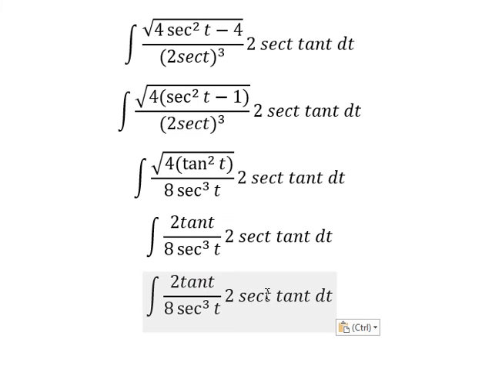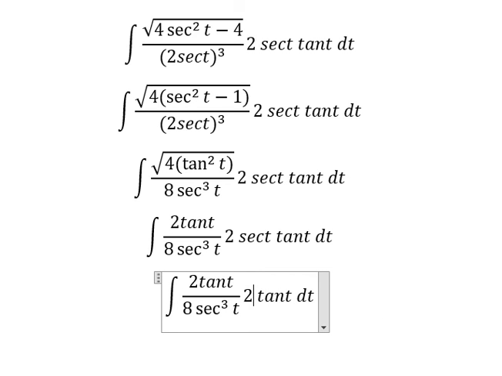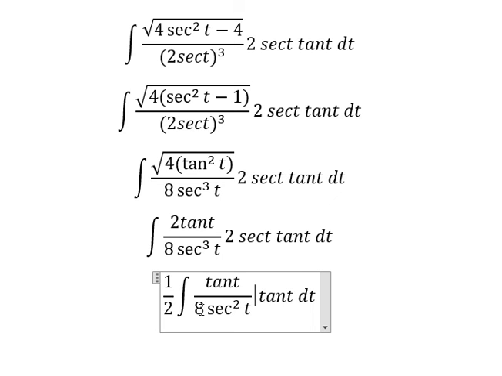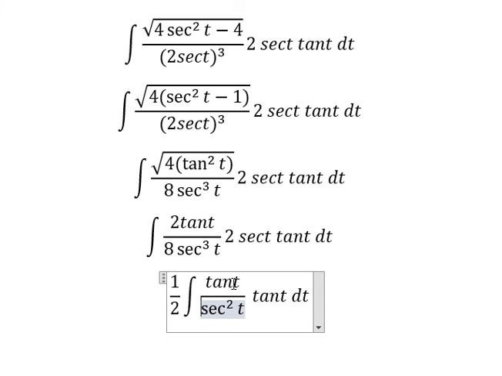Now we need to simplify secant of t and secant of t. 4 divided by 8, we have 1 over 2. Tan t, we have tan t squared.